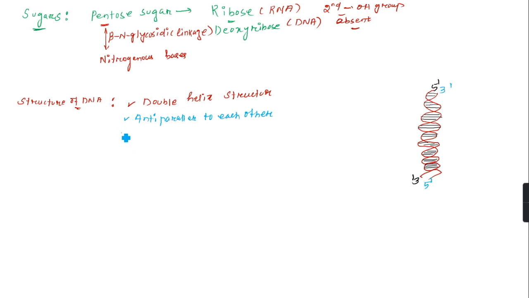DNA has three major forms, that is B DNA, Z DNA and A DNA.